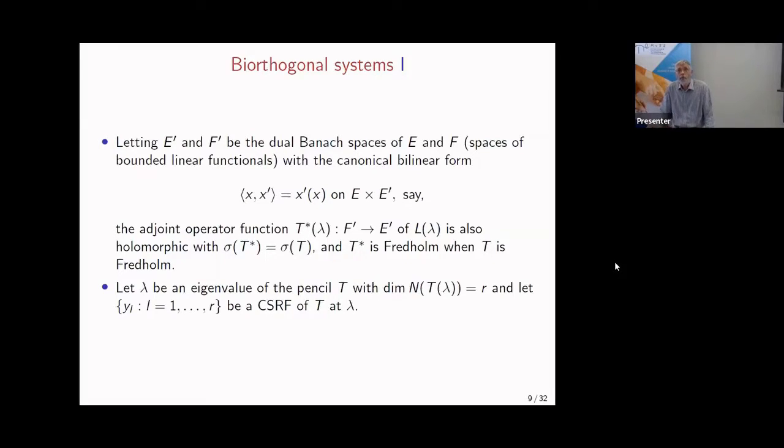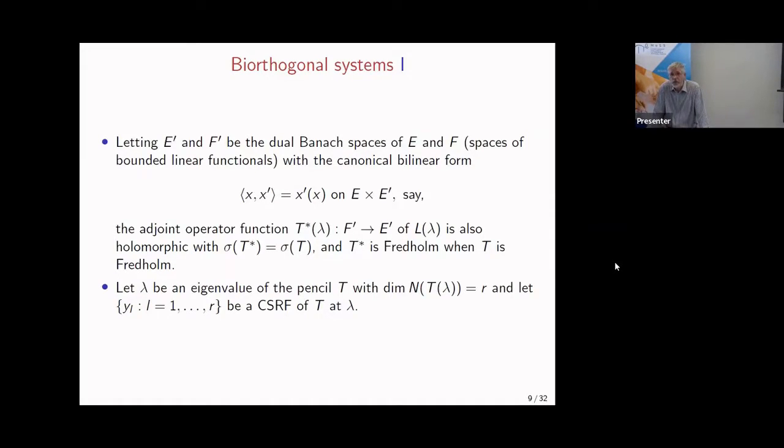Now, we come to the bi-orthogonal system. You remember that for self-adjoint operators, eigenvectors to different eigenvalues are orthogonal, and you can also find a basis in the same eigenspace which is orthogonal.